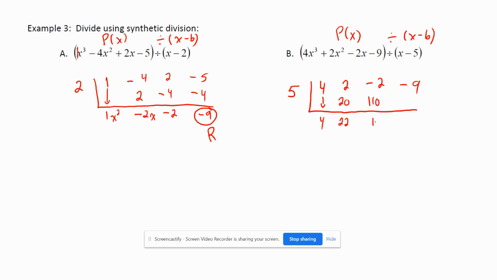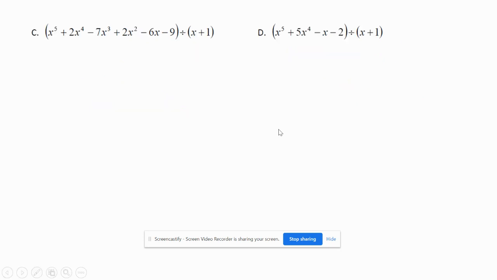Negative 2 plus 110 is 108. We multiply, and we get 531. So interpreting this answer, the last number, very large remainder here, but that's okay. 4x cubed divided by x is going to be 4x squared plus 22x plus 108. Okay, so that's going to be the answer for this one. Much quicker this way than it is doing the long division.